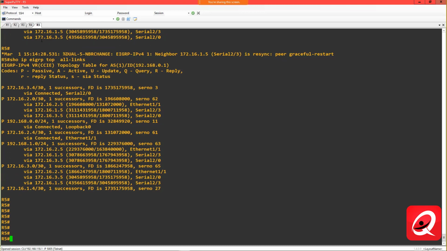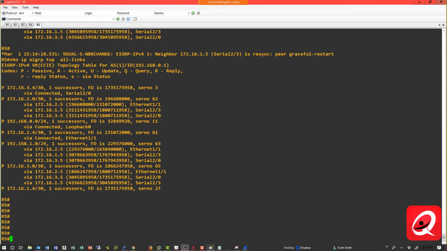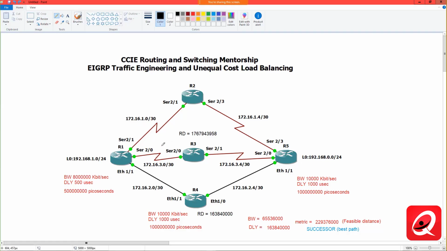Let me actually talk about the traditional way of ensuring that these paths are going to be feasible successors. Serial 2.1, serial 2.0, we need to modify these values on these interfaces for the egress metric for router 5 to reach this destination.